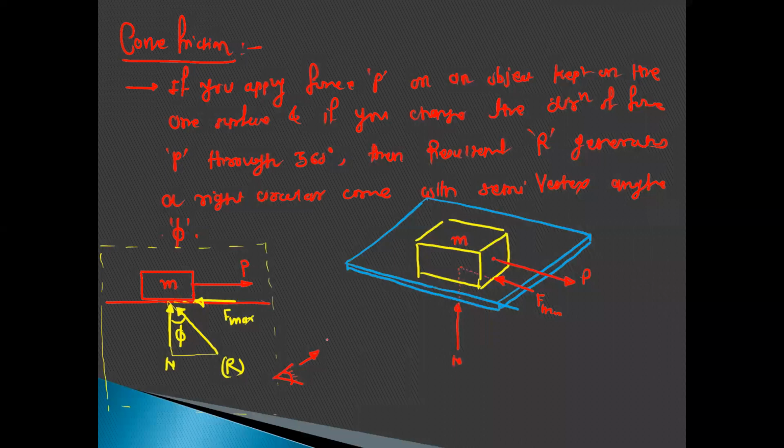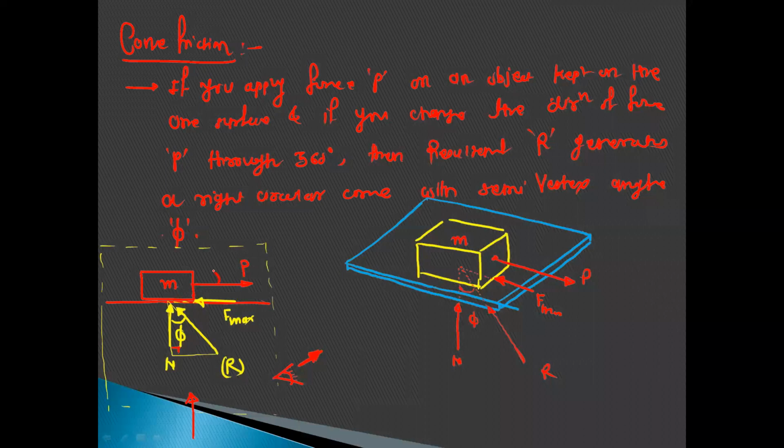Okay, so if you observe from this direction, as the observer, then you will observe this front view. You will observe a right angle triangle. This is the normal reaction, this is the resultant, and this angle is the phi angle. Now just imagine you change the direction of this force P through 360 degrees.